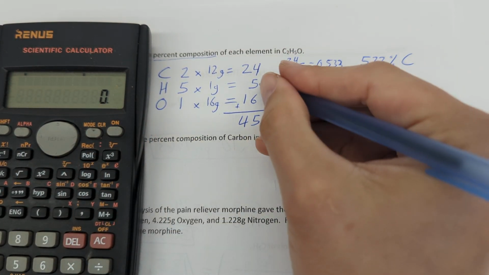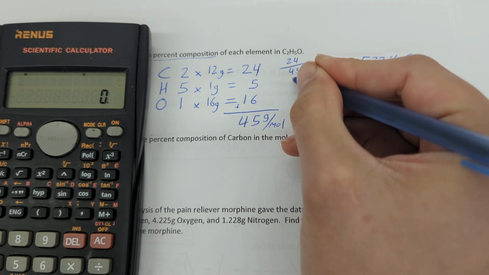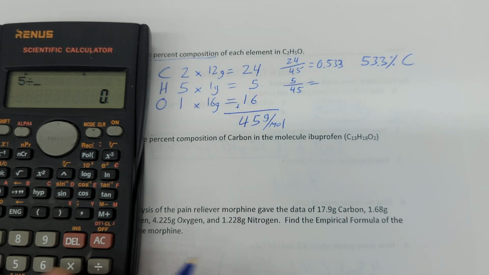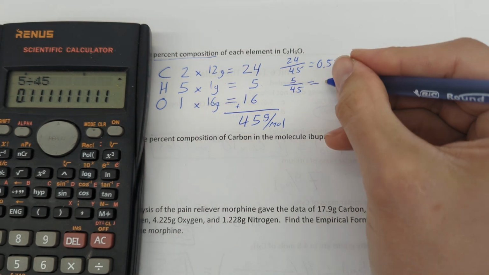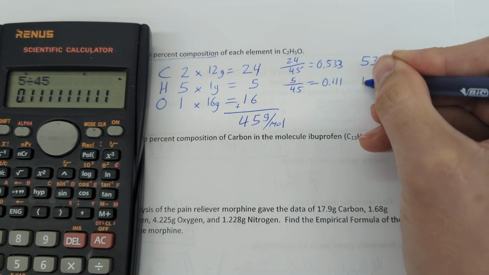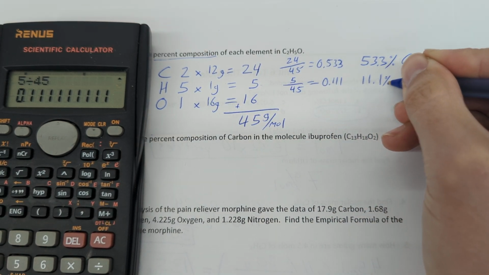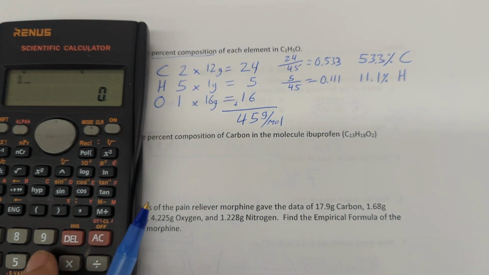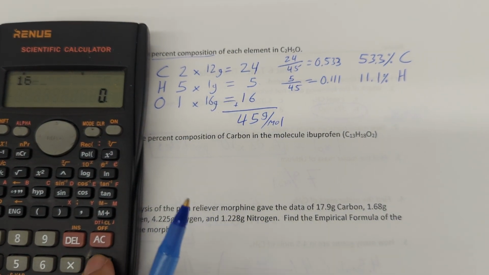For hydrogen, all my hydrogen weighed 5, so it would be 5 divided by 45. 0.111, or 11.1% hydrogen. And for oxygen, I had 1 oxygen, it weighed 16.